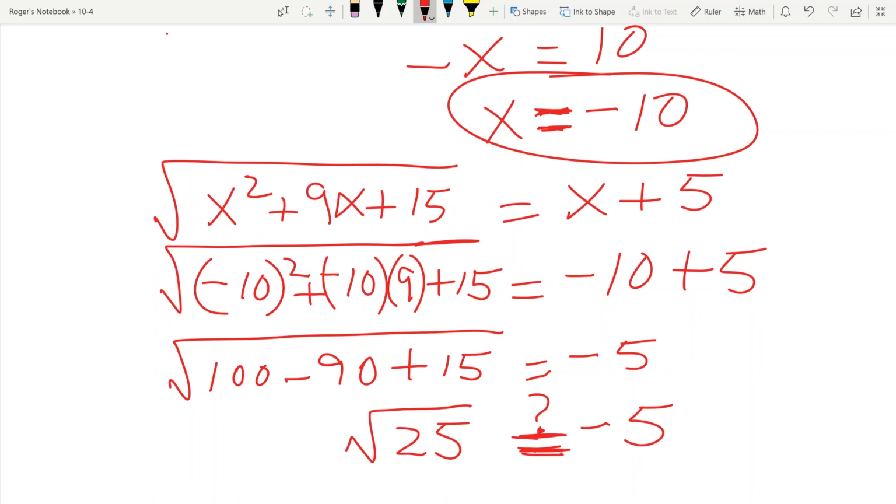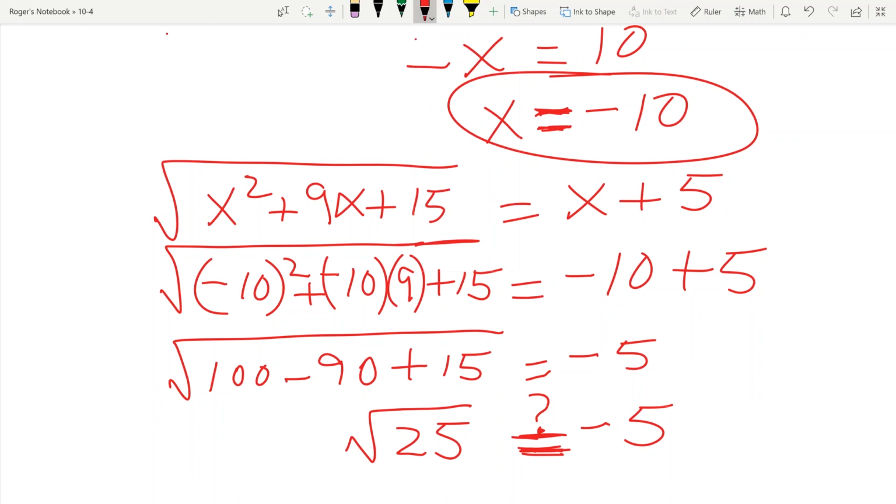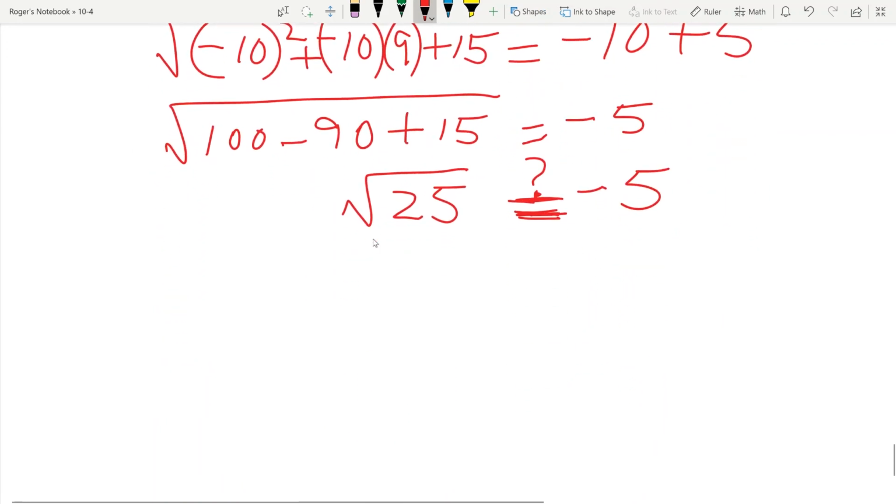Well, the answer is no, it does not equal negative 5, because what's on the left is the principal square root. The principal square roots are non-negative square roots, okay? So the non-negative root of 25 is just 5, and 5 is not equal to negative 5.